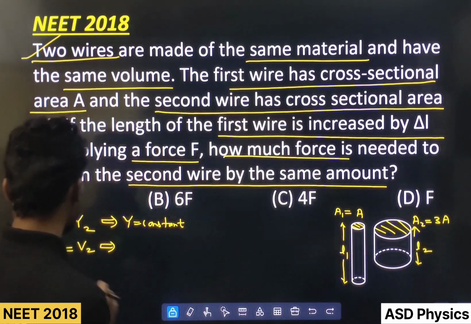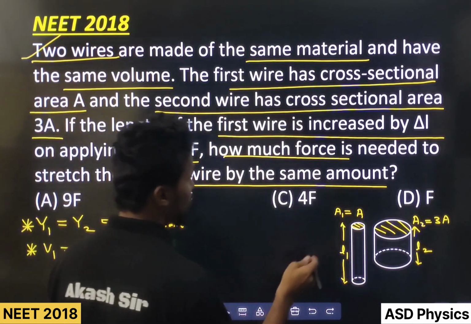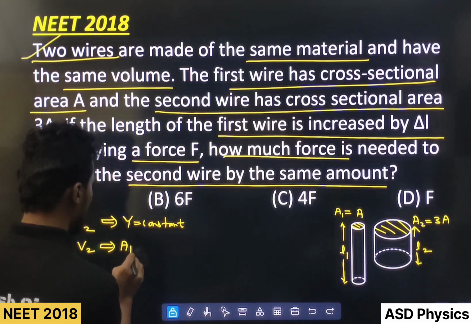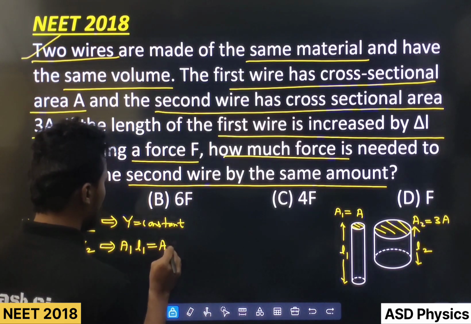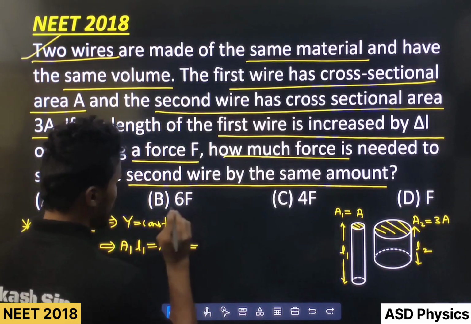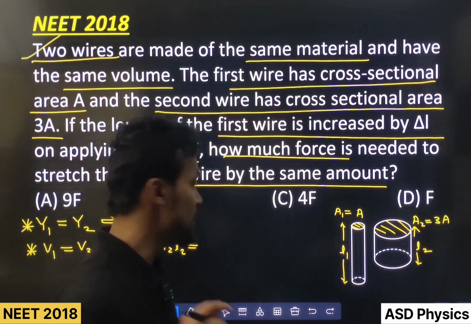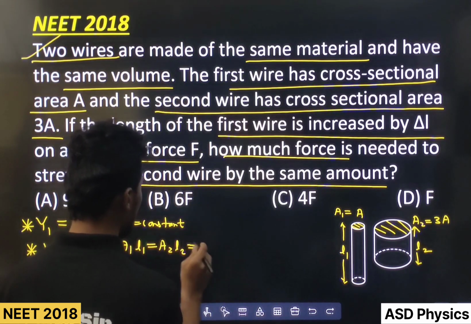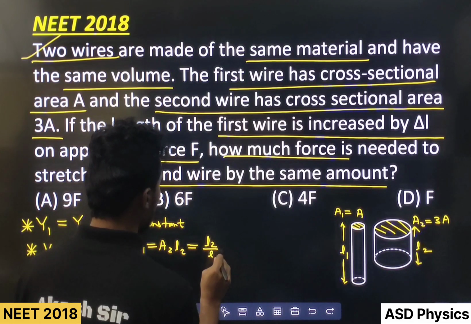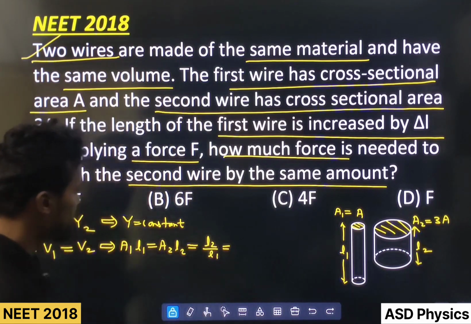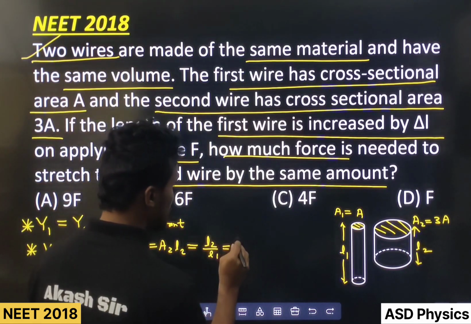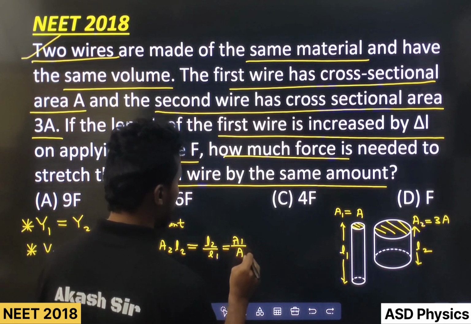Now V1 equals V2. V1 is A1 L1, so A1 L1 is equal to A2 L2. Area is given, so can we find the length ratio also? Students, if we find the length ratio L2 by L1, it will be A1 by A2.